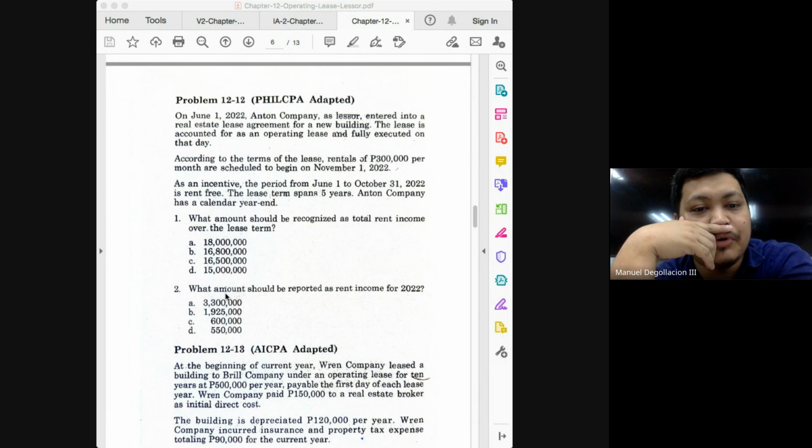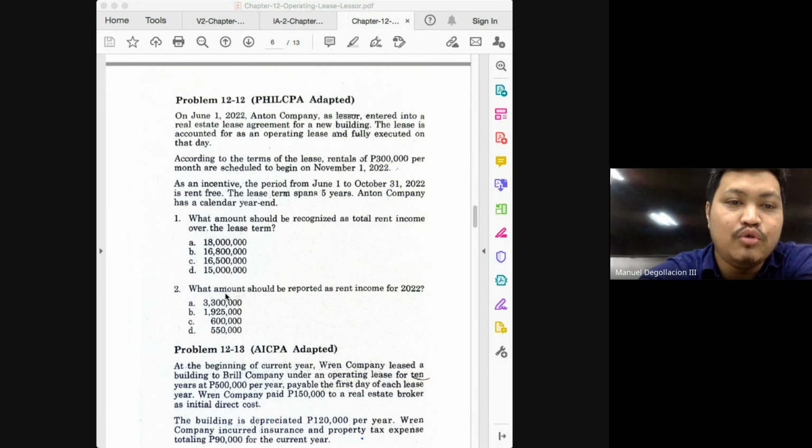What amount should be reported as rental income for 2022? So what do you do? You compute for the annual, but in this case, class, it would be better if you compute the monthly. For how many months is the lease good for? It's good for 60 months.